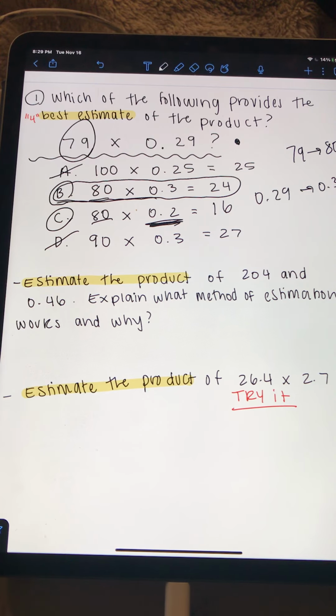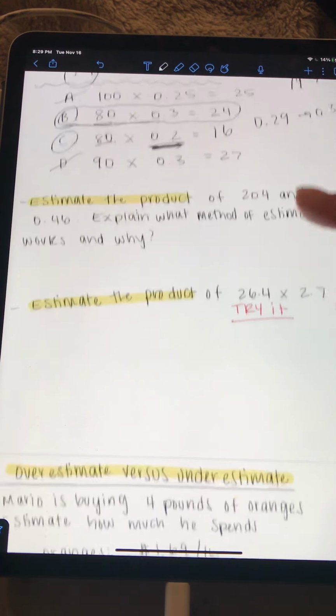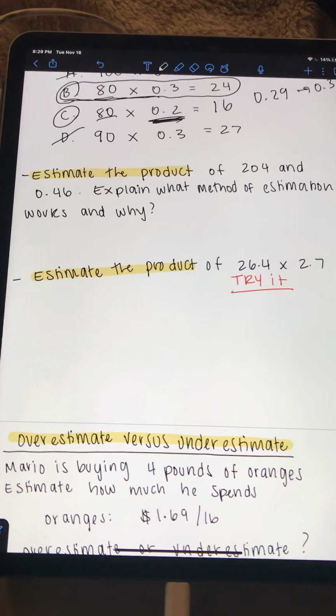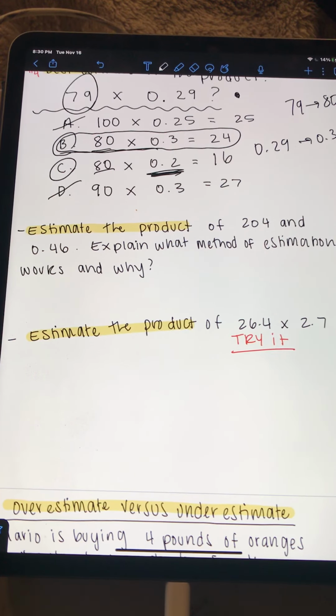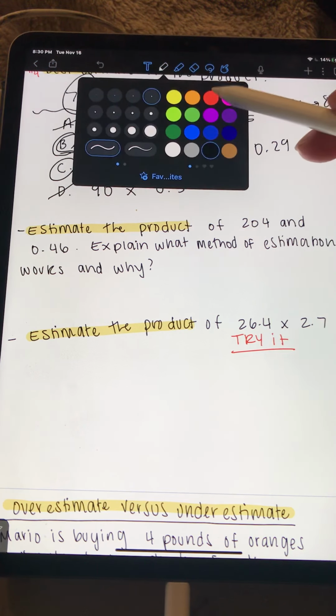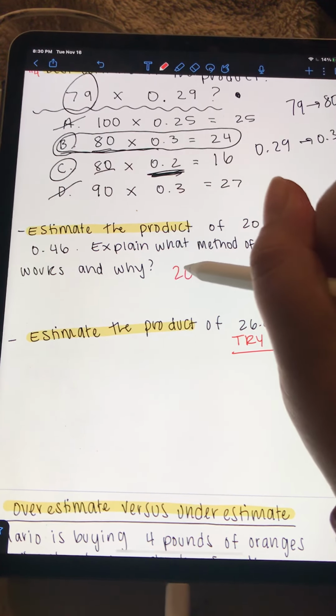Let's look at the second problem here, estimate the product of 204 and 0.46. So when we were doing this together, we wanted to think about compatible numbers, right? So when we look at 204, what number are we comfortable using that it's close to? And I remember you saying, well, 204 is very close to 200, right?